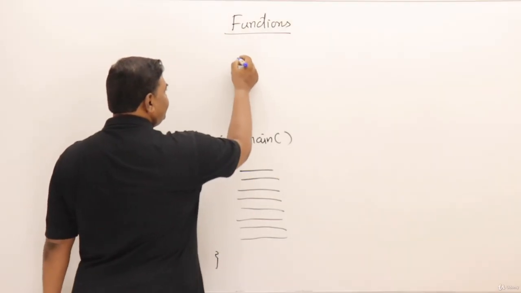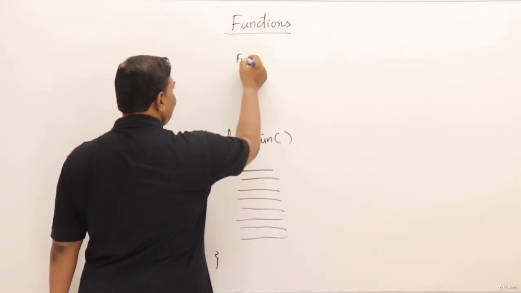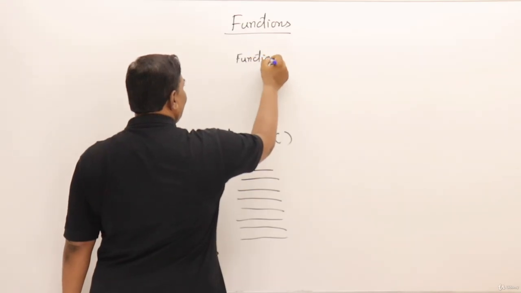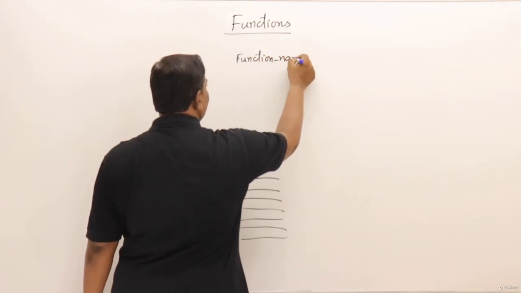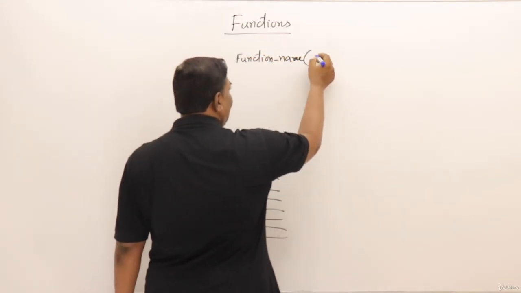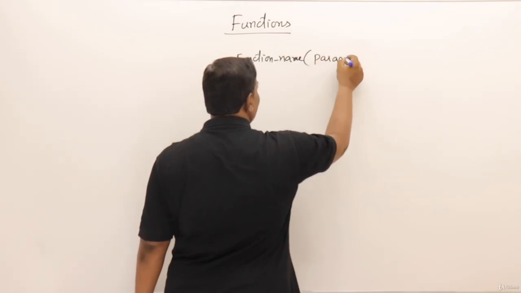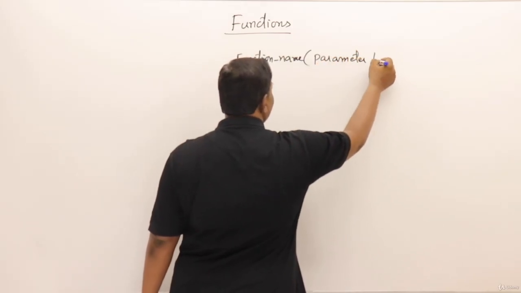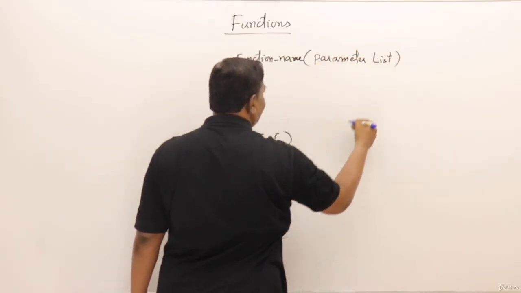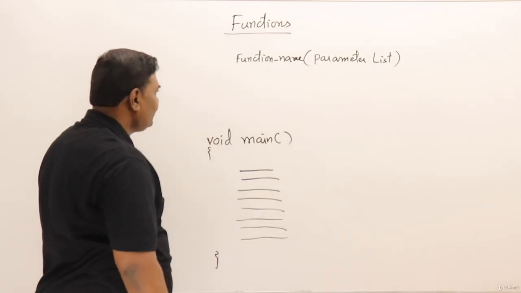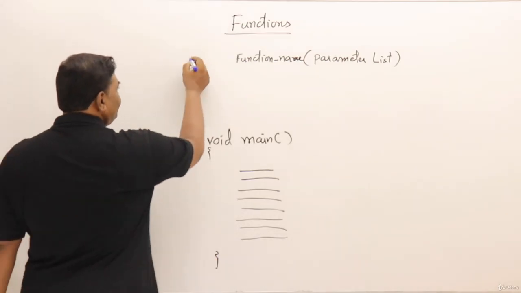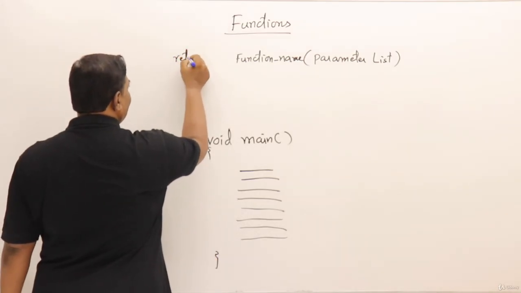First of all, a function should have a name. Function name must be there. Then it should have a parameter list, also called the argument list, saying what all parameters it is taking. Then a function should have a return type.